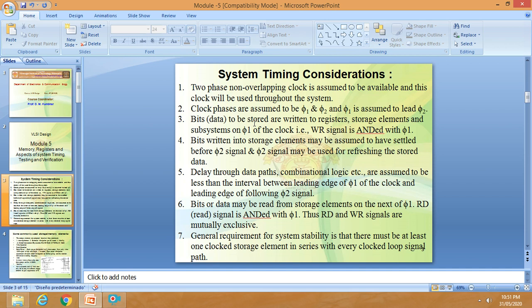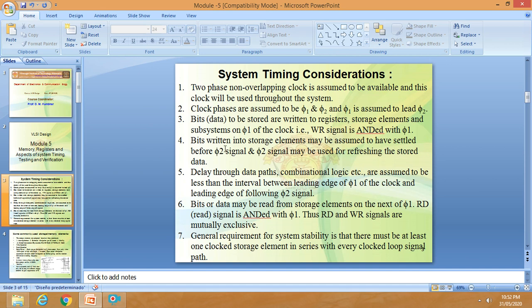Bits written into the storage element may be assumed to have settled before the phi 2 signal, and the phi 2 signal may be used for refreshing the stored data. It means the bit stored in the memory element is stable before the refreshment cycle.